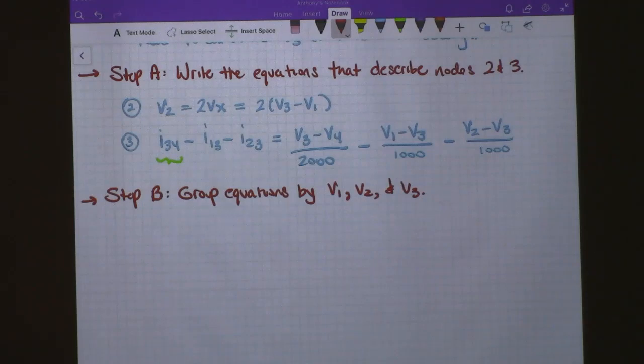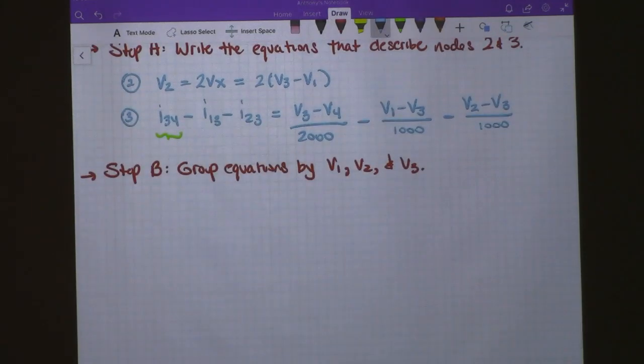So what we're going to end up with is equation 2 will be minus 2V1 minus V2 plus 2V3 equals 0.